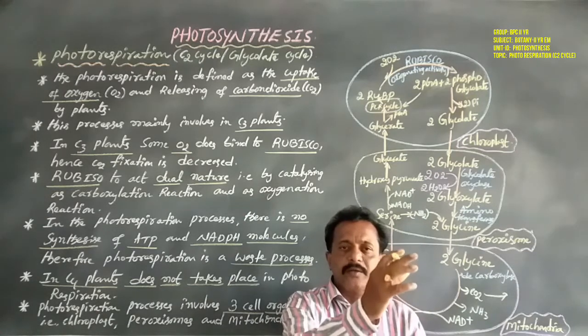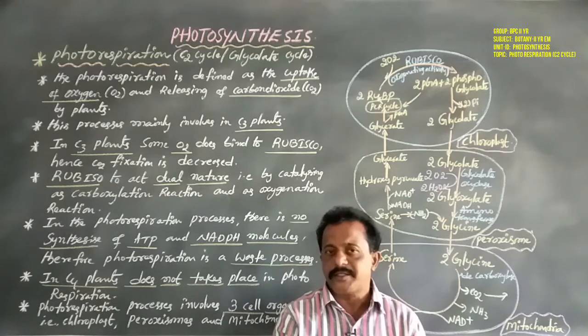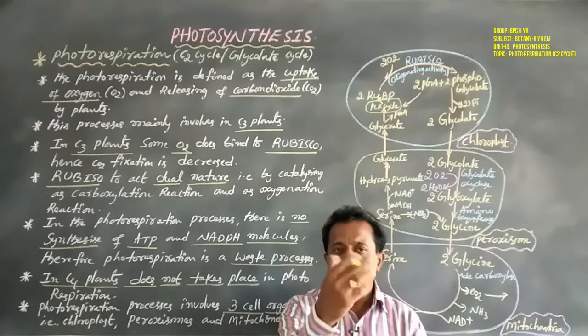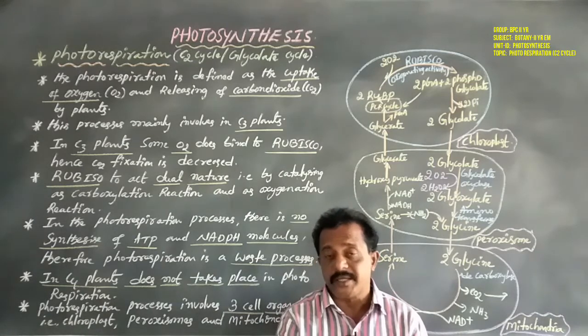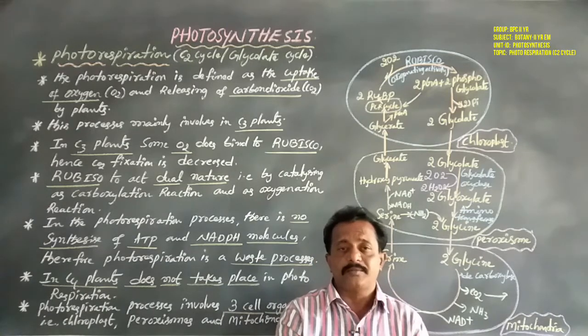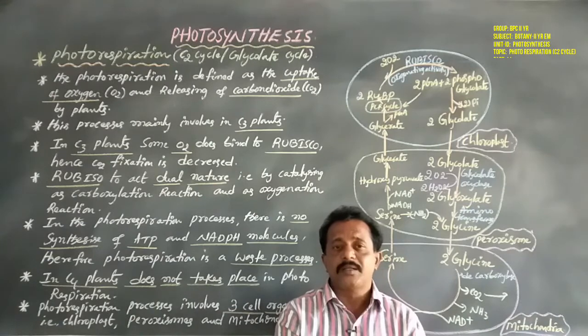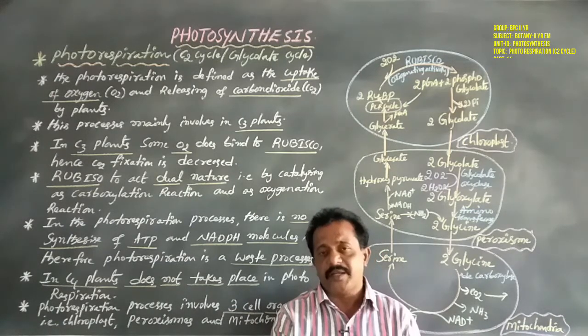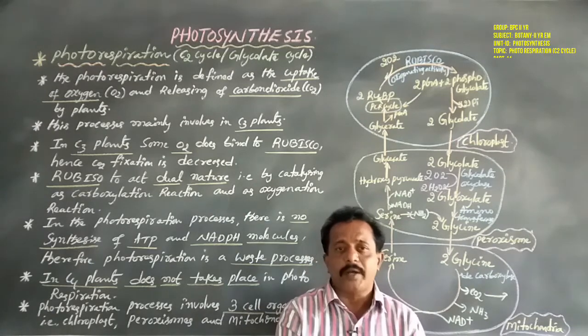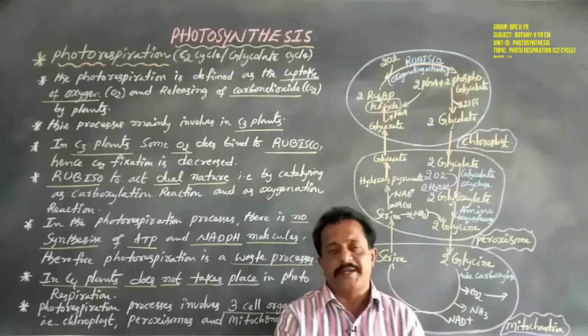Then they form some organic acids, which are finally released into the bundle sheath cells. In the bundle sheath cells, oxaloacetic acid and pyruvic acid release a higher concentration of carbon dioxide.